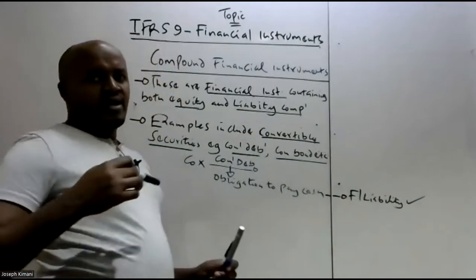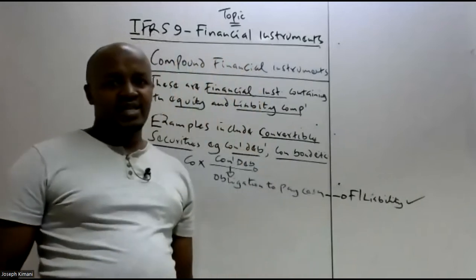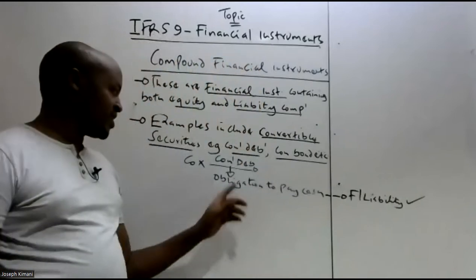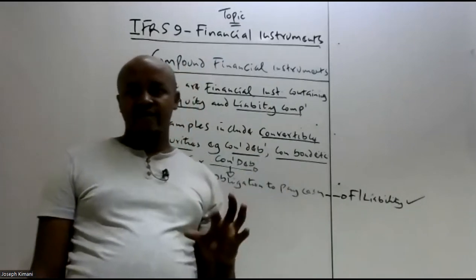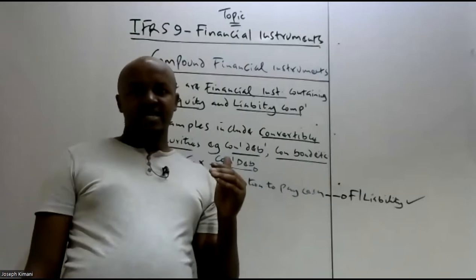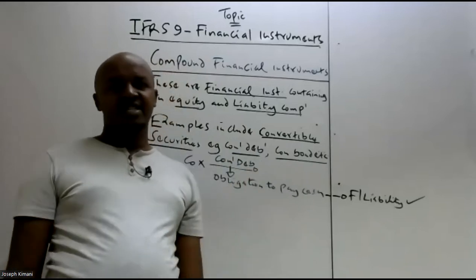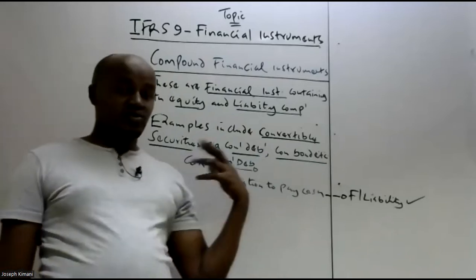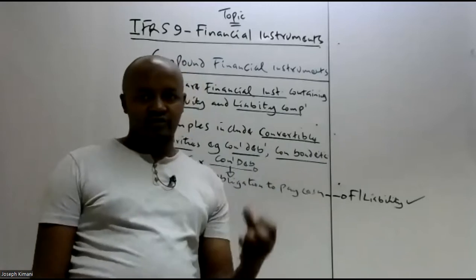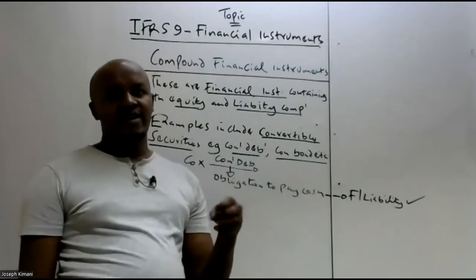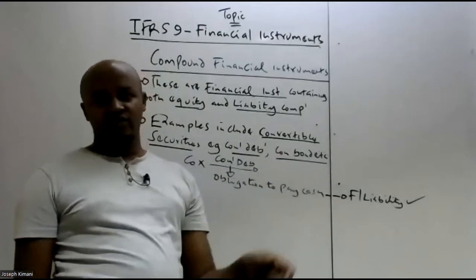Two, as a result of that company having issued these debentures, which are known as convertible debentures, they grant their holders an option to convert them into ordinary shares. Anytime you buy convertible debentures, the reason they are known as convertible is because you can convert them into ordinary shares of the company at a given rate of exchange.